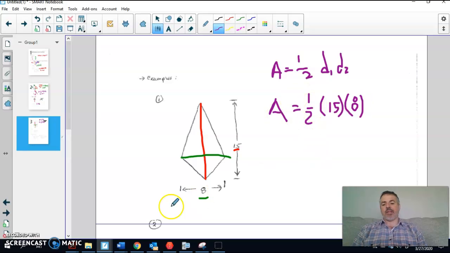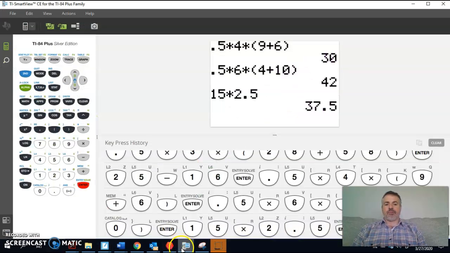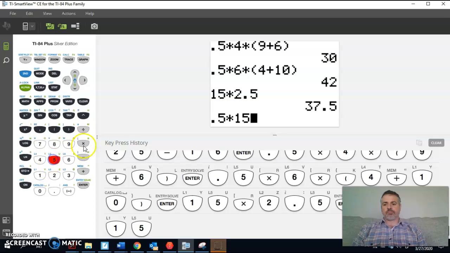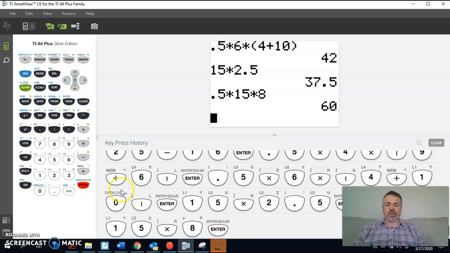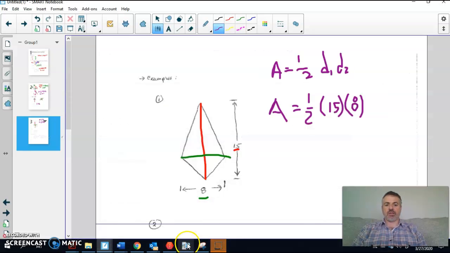Just use 0.5 for the half. So you do 0.5 times 15 times 8. And so the area inside that one is going to be 60 square units. So area is equal to 60 units squared. That's how many squares would fit on the inside.